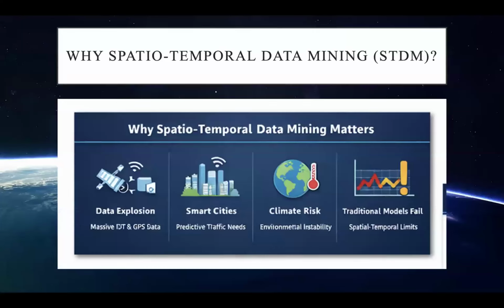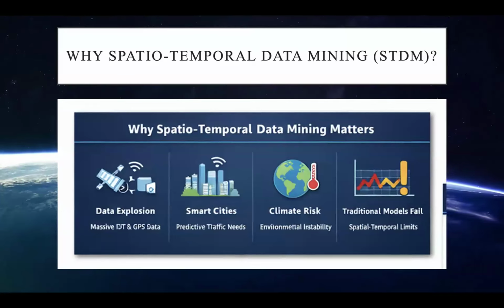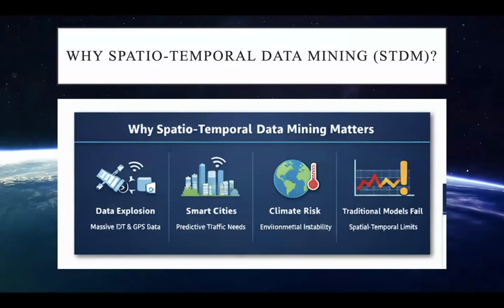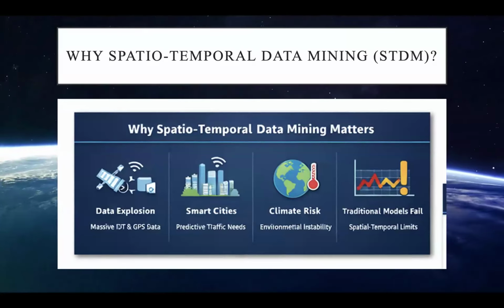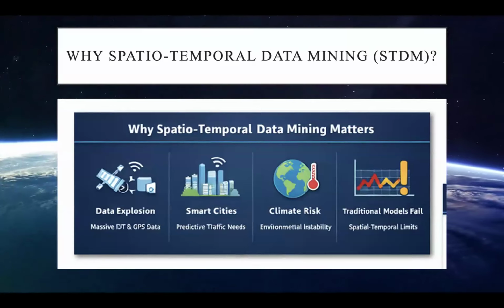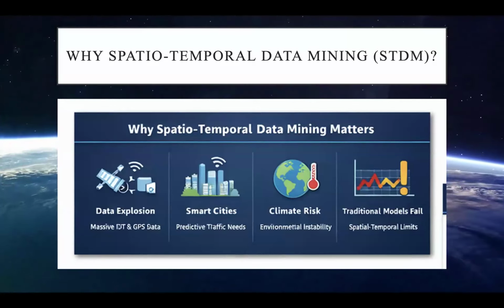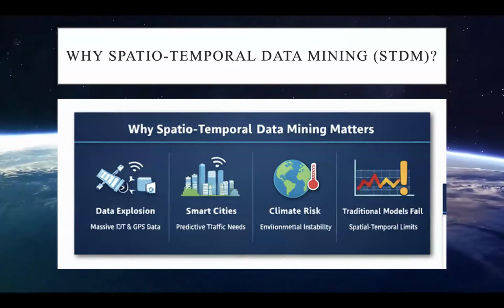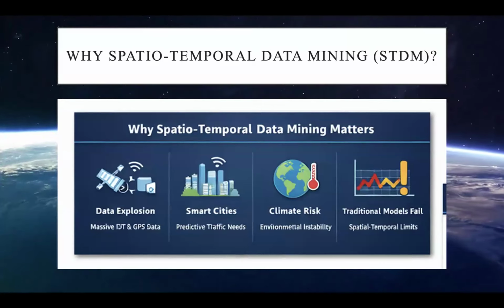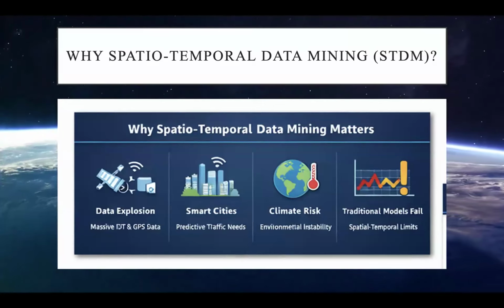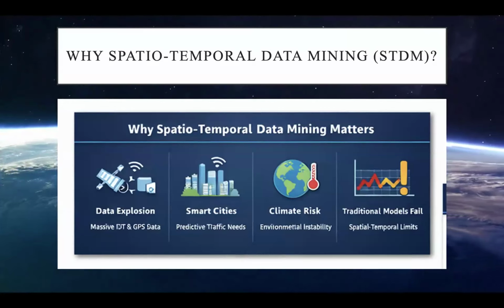Here we'll start with spatio-temporal data mining. Why is it important? According to it, here are the modern systems. I have tried explaining it in a diagrammatical manner. Modern systems, whether urban traffic networks or global climate systems, generate data that is not only large in volume but also dynamic across both space and time.